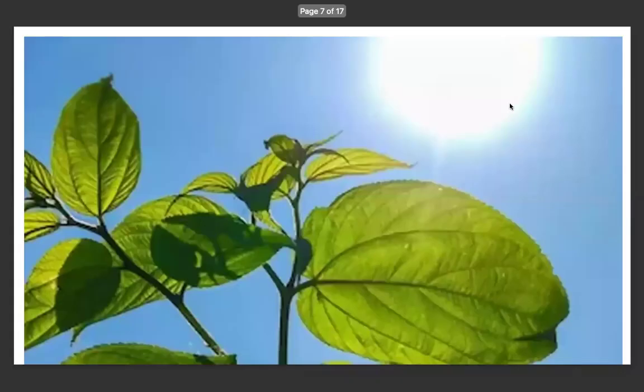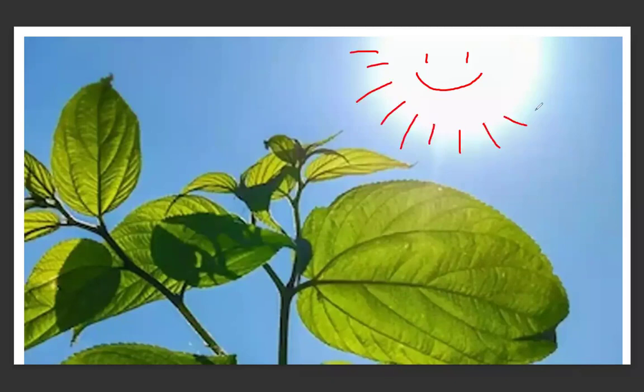So now let's look at the very first step of photosynthesis. What can we see here? Yes, absolutely, the sun is actually smiling at you, right? A beautiful sun is here, and it is smiling not only at you, but also at the plants.